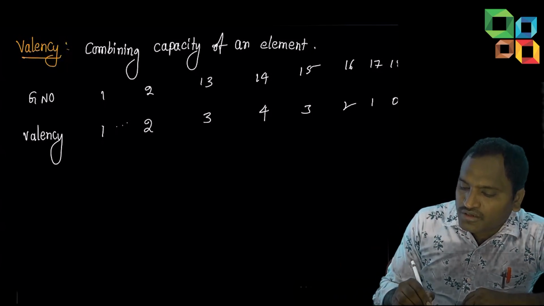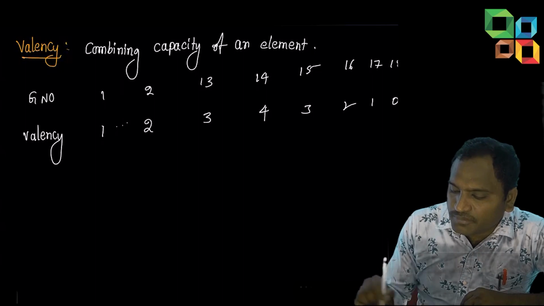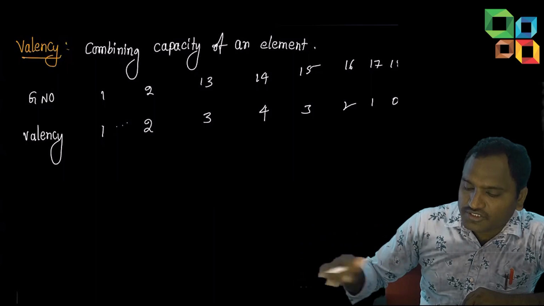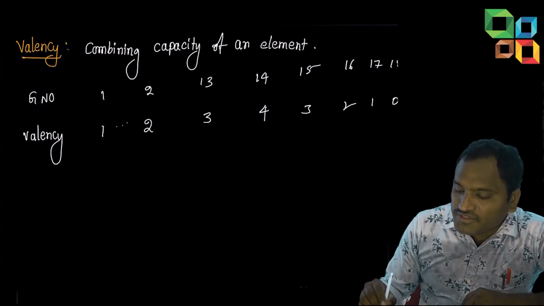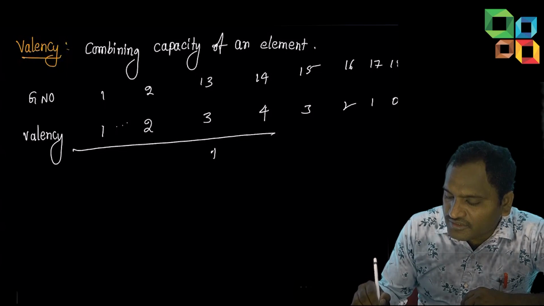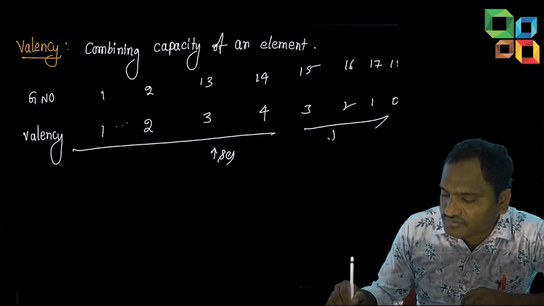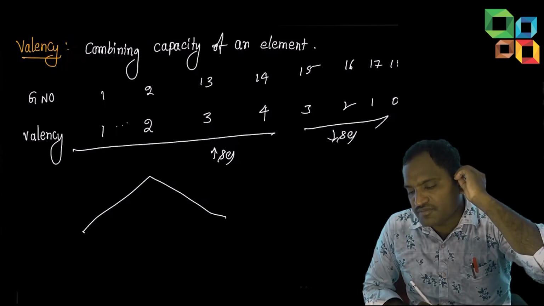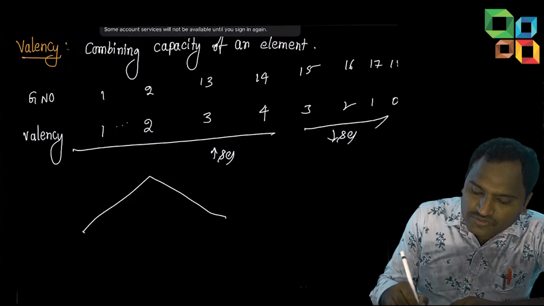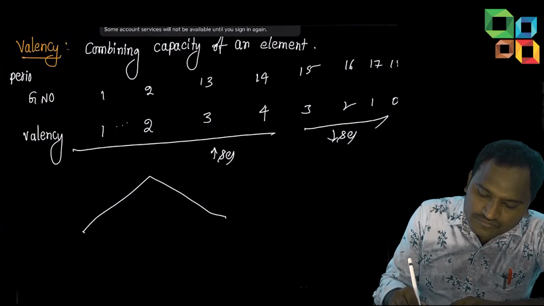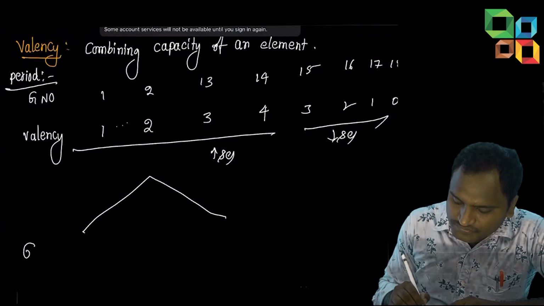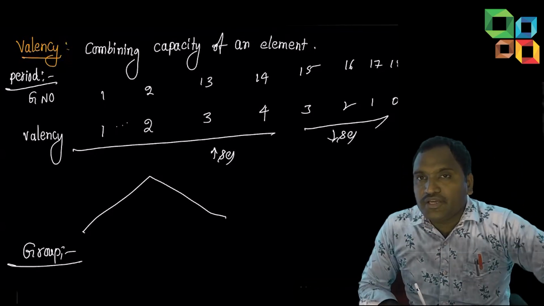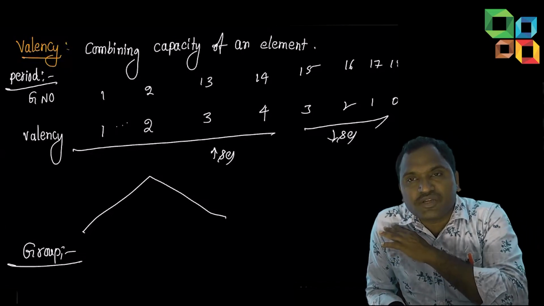So across the period, that means the groups 1, 2, 13, 14, 15, from left to right, valency first increases and then decreases. Up to 4 it increases, then decreases. If you take a group, valency remains the same.